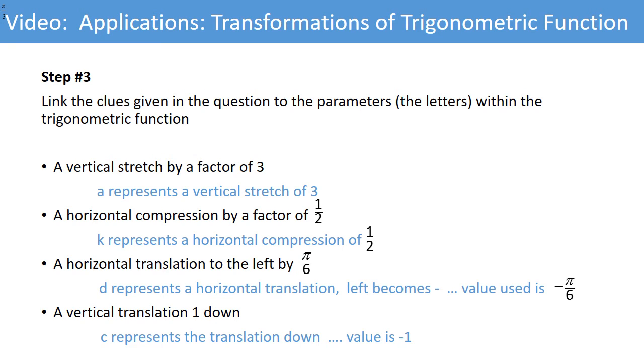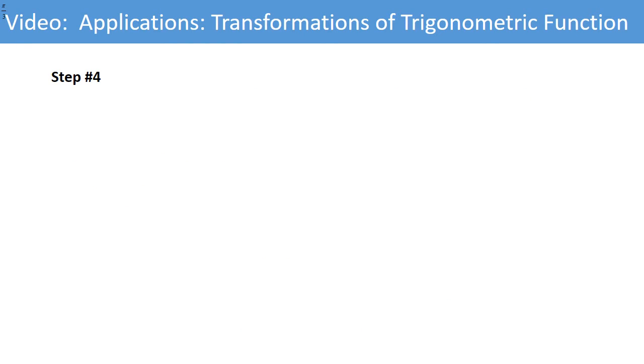Step number 4, write the equation. Y equals 3 sine 2, bracket, x plus pi over 6, bracket, bracket, minus 1. This is taking the values that we've discovered in the question and using the clues to find the letters that they represent, substituting for the function. Step number 5.